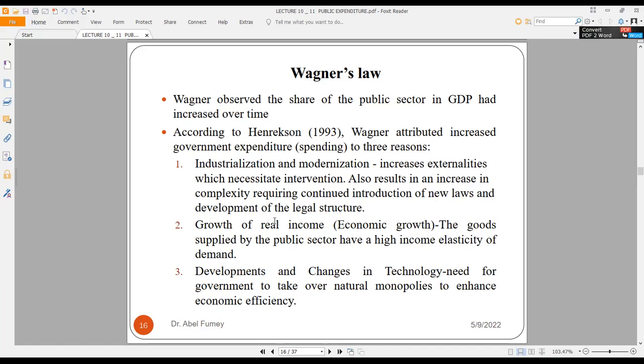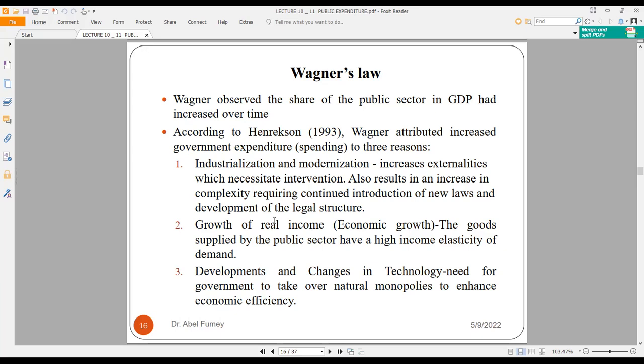Some are causing positive externalities. So the government will have to intervene to correct this market failure, and as the government is intervening, it has to incur more costs. It has to be spending more on these intervention programs, and that is causing an increase in its expenditure.